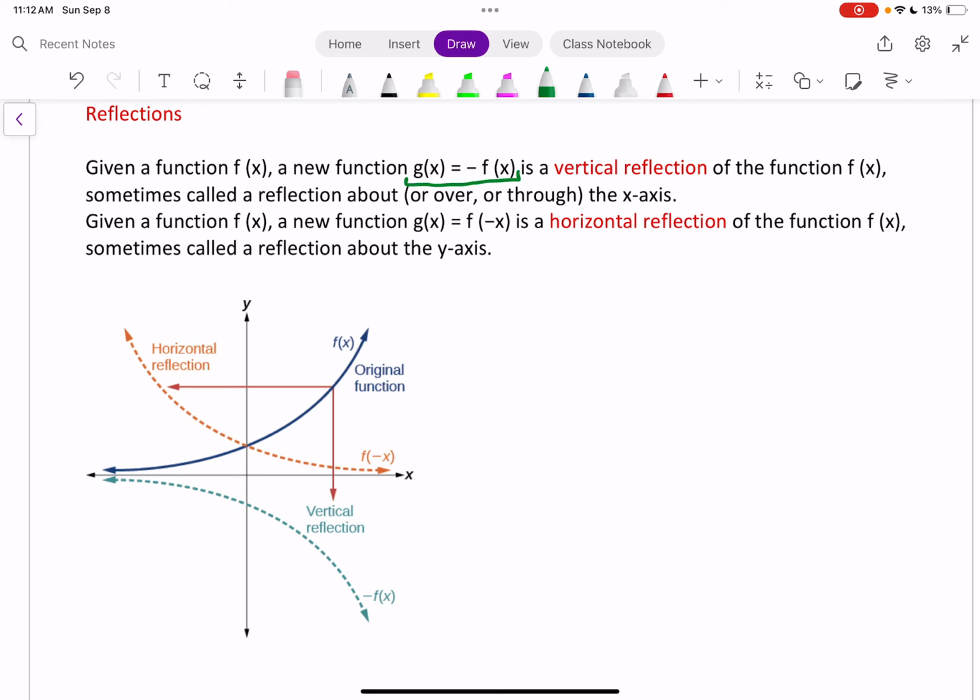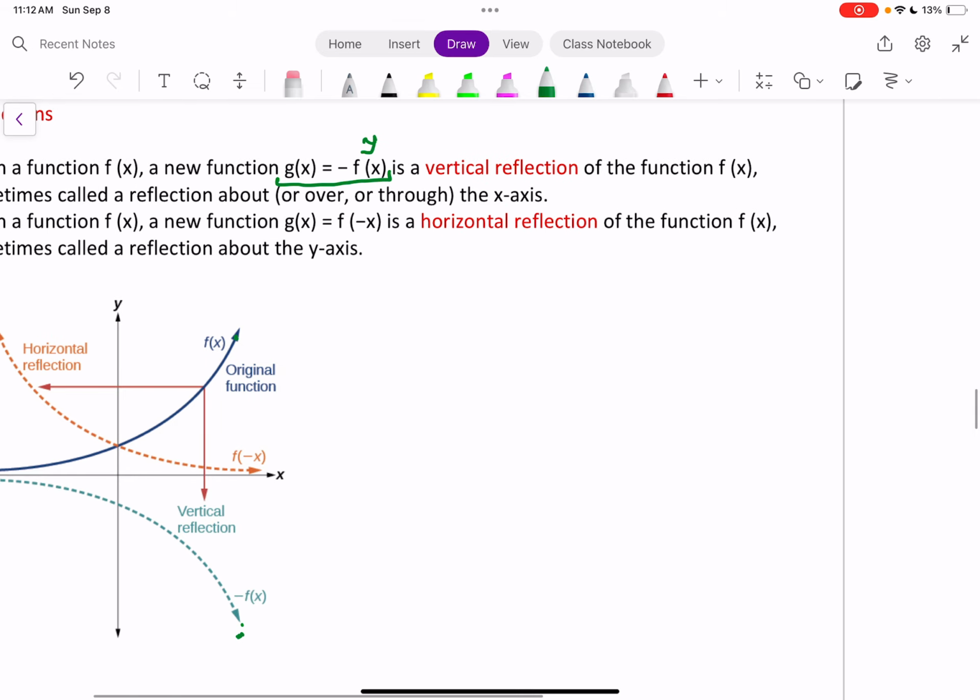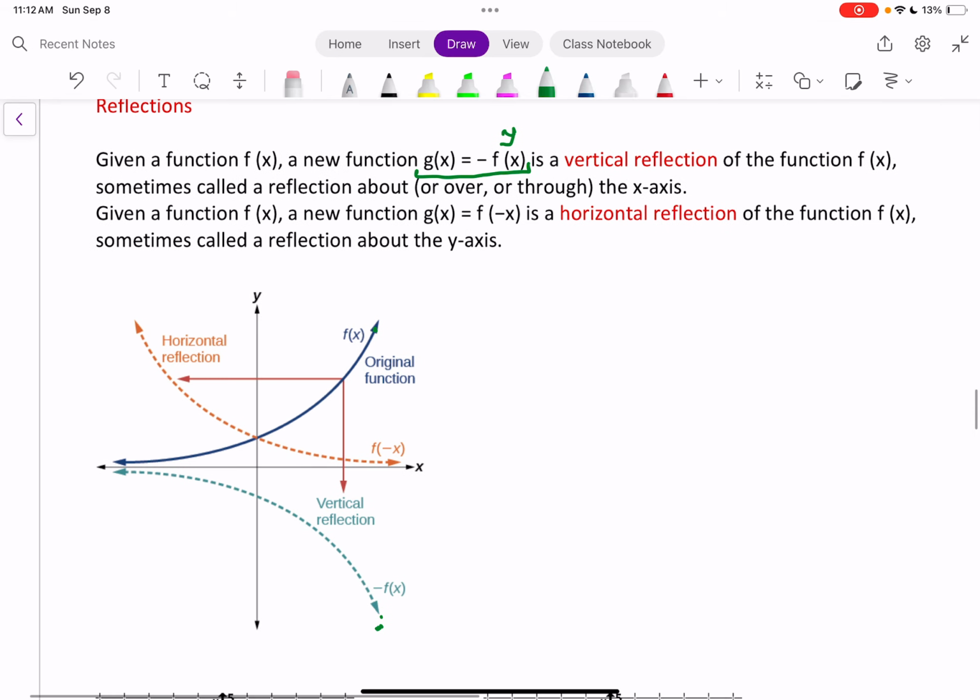Well, that's pretty straightforward because all your positive y's are now becoming negative y's. So you just simply get a vertical reflection, or in other words, a reflection over the x-axis, right? So all your positive y's are now negative y's.